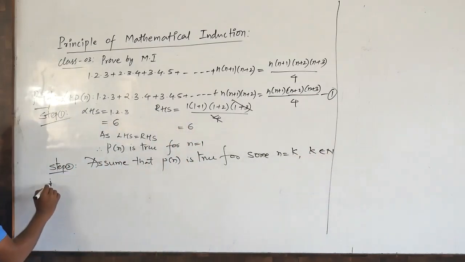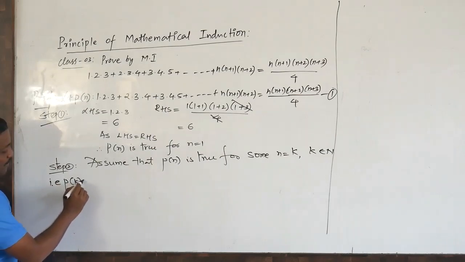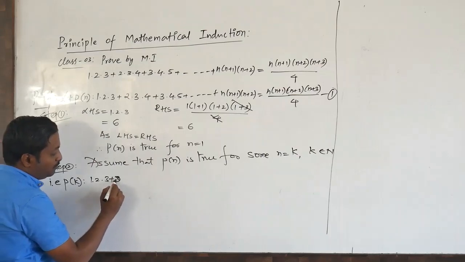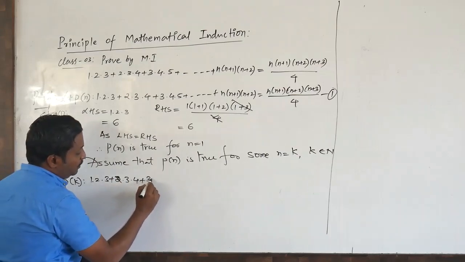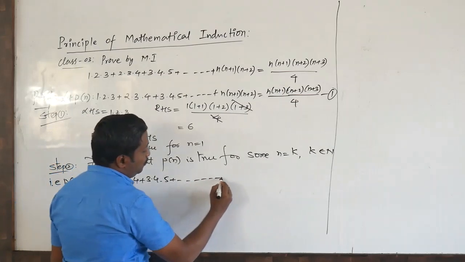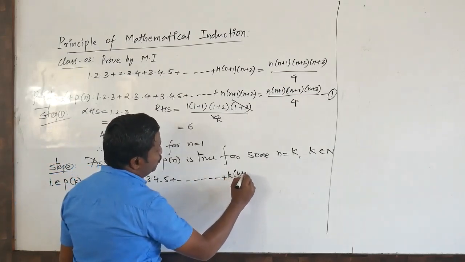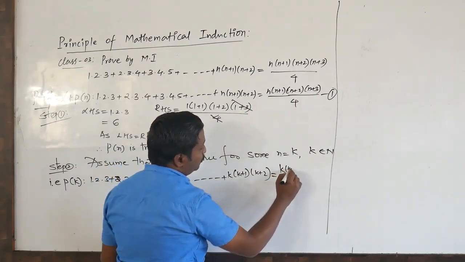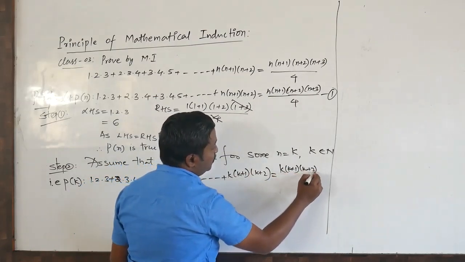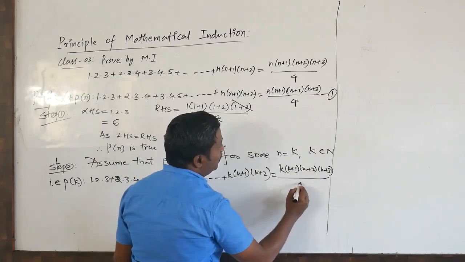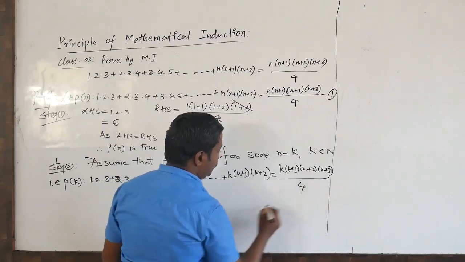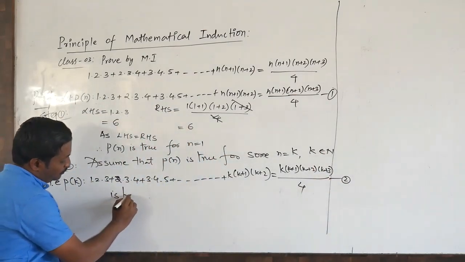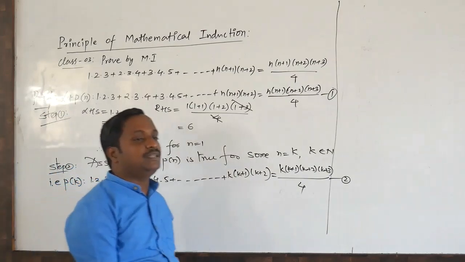So that is P of k: 1 into 2 into 3 plus 2 into 3 into 4 plus 3 into 4 into 5 plus and so on plus k into k plus 1 into k plus 2 is equal to k into k plus 1 into k plus 2 into k plus 3 by 4. Let us call this equation 2. Assume that it is true.